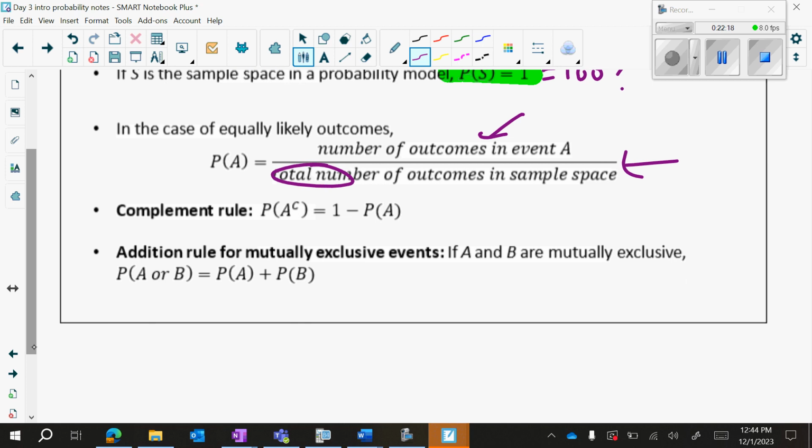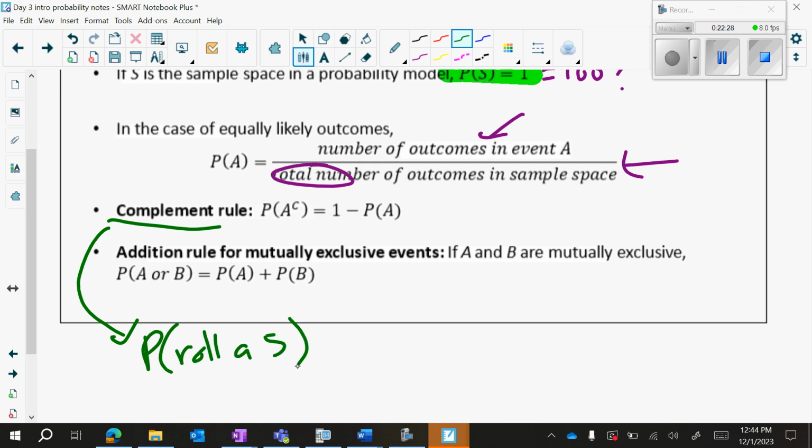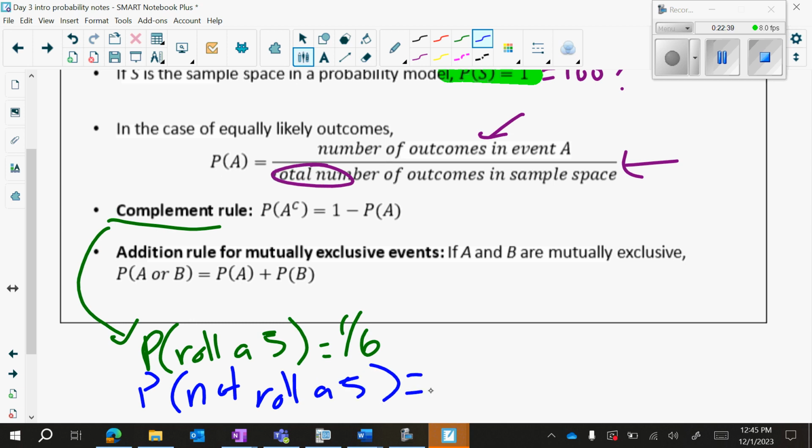Another thing I didn't talk about is complements, okay? I'm going to use the letter E for complement, all right? So let's say I say the probability of rolling a die and rolling a 5, a single die. You should tell me it's 1 out of 6, right? What's the probability of not rolling a 5? Well, the complement of rolling a 5 is not rolling a 5.